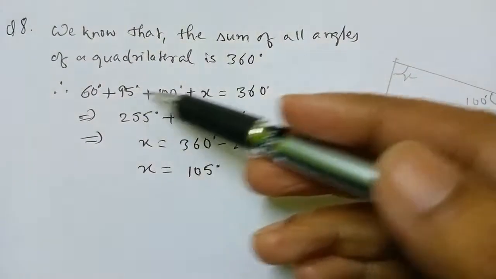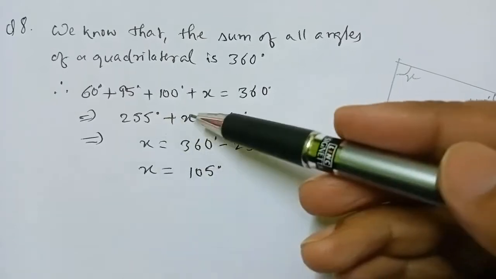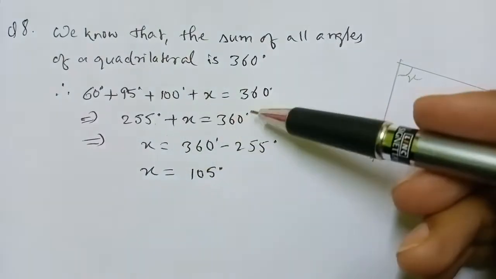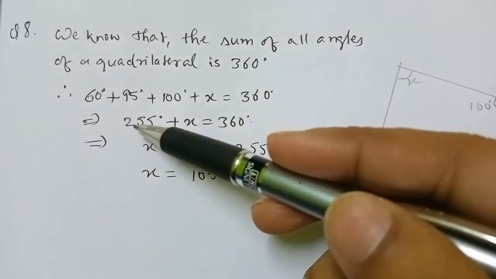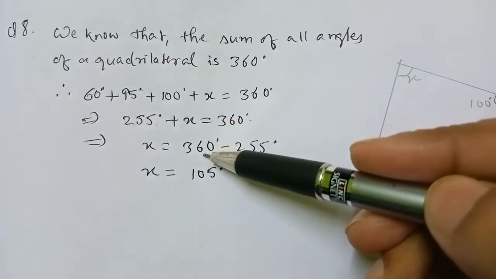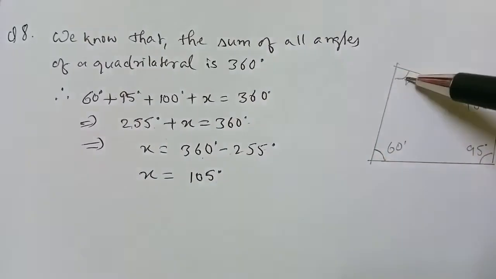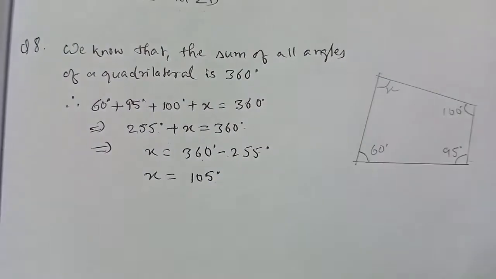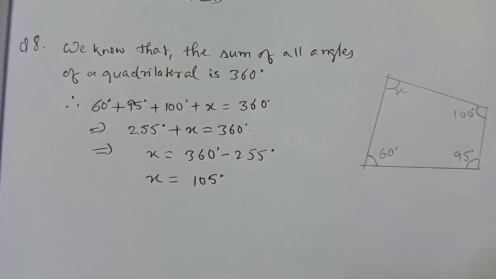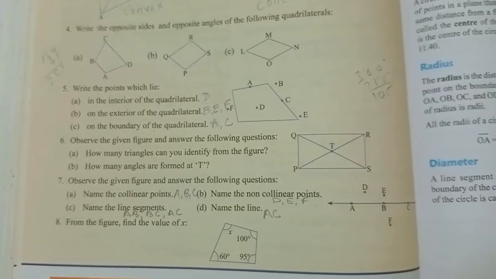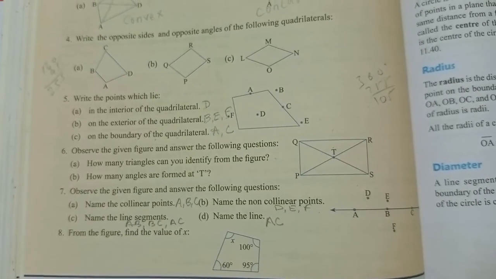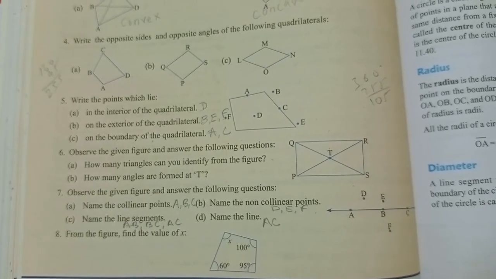So after adding it is coming 255. So this 255 will go this side and it will become minus because this is plus. So 360 degree minus 255, it is coming 105 degree. So value of x is 105 degree. So this is an important question. Remember, this can come in exam. Okay. So in this way, you have completed the exercise 11.3. So practice all the question nicely. Thank you.